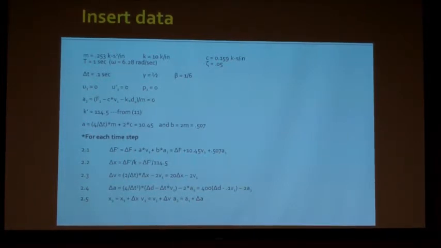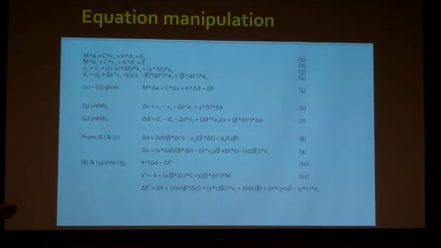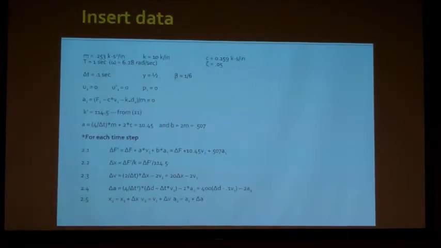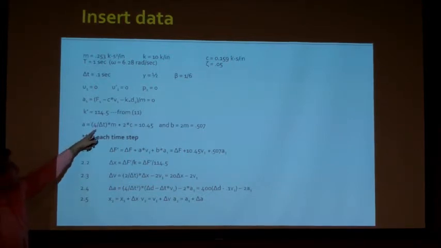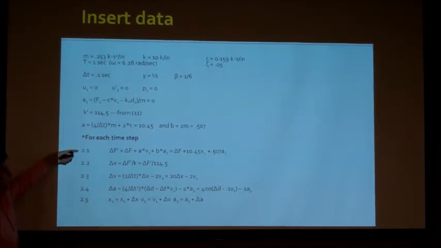So then we plug in for K prime from equation 11 right here. Using all of those values, we get 114.5. And we are able to find our acceleration because we have all of those as well. Our change in F is going to be this equation, or F prime.